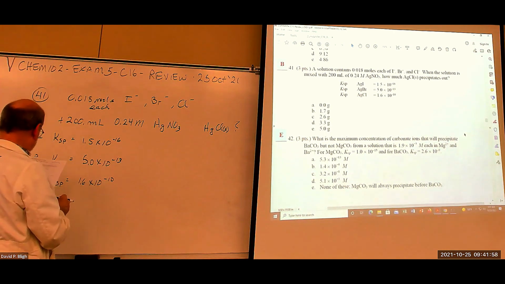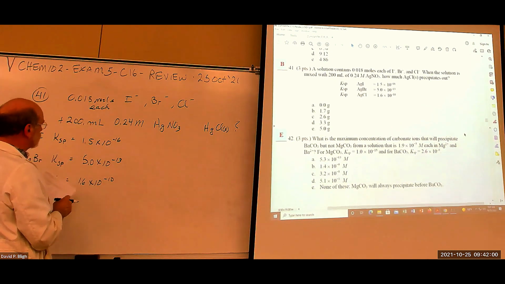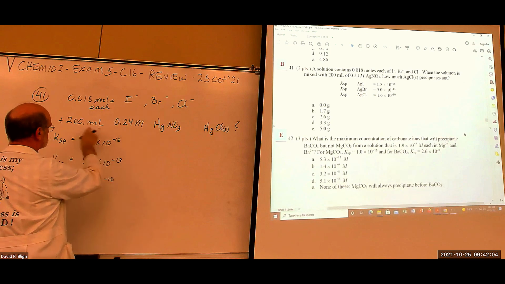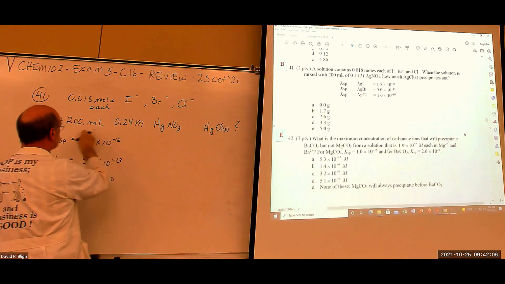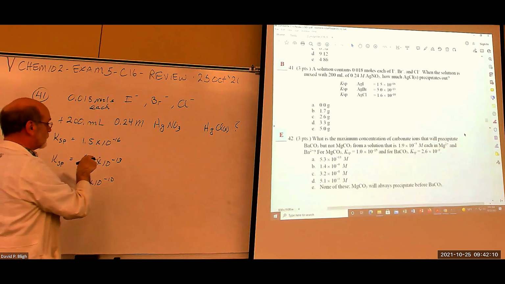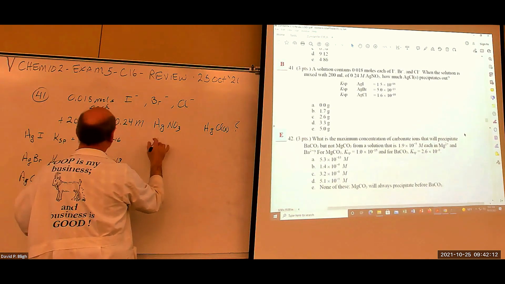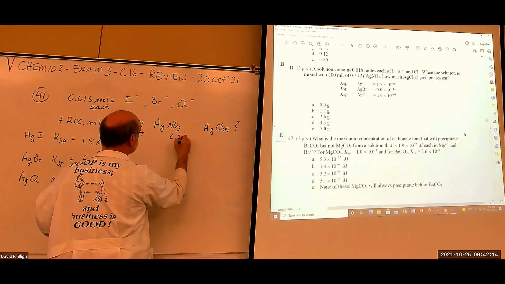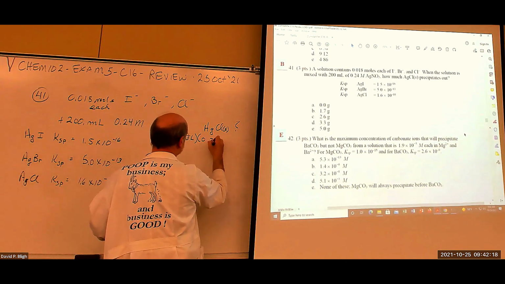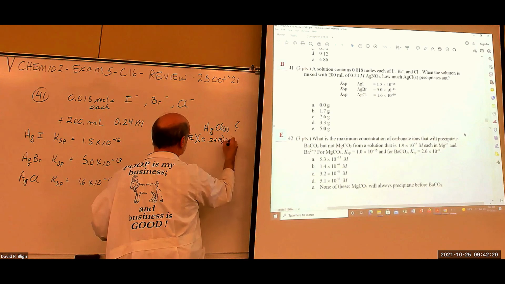So, how many moles of silver do we start with? We start with 0.24 times 0.2 liters. That gives you how many moles of silver. So 0.2 liters times 0.24 molar equals what?